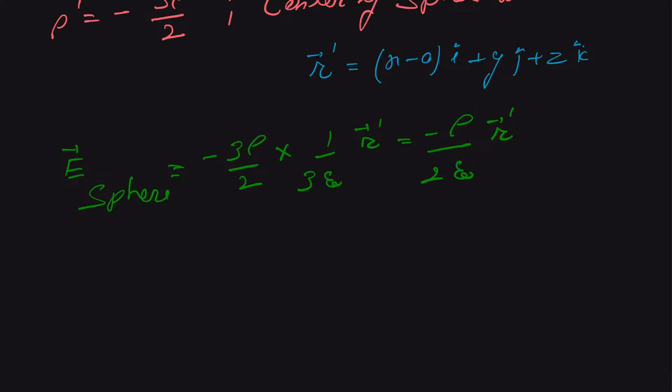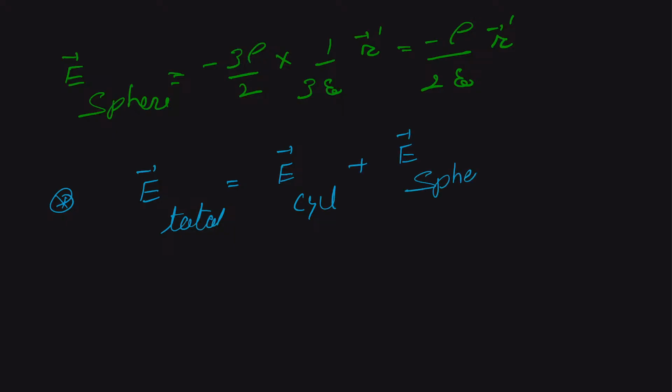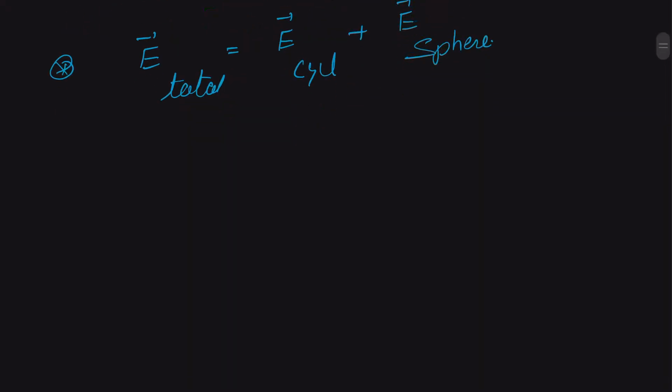Now obviously we are going to use the superposition and we are going to add the fields. So you can say that the total electric field will be equal to the electric field because of our cylinder plus the electric field because of the sphere, and we simply substitute them.